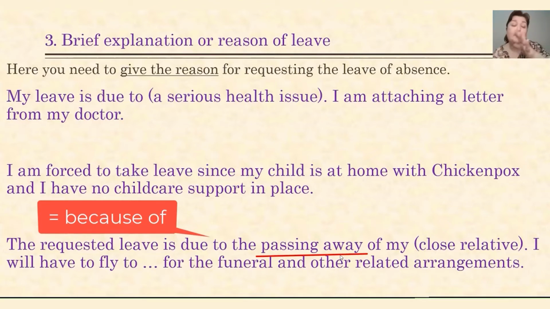So we say pass away. The requested leave is due to the passing away of my, and then you have to say who in your family has, hopefully not, passed away. You have to usually give the name of that relative. God forbid, that means I hope not.